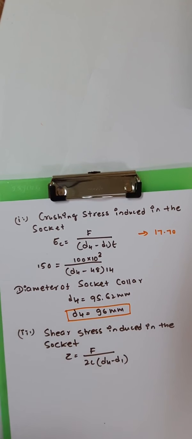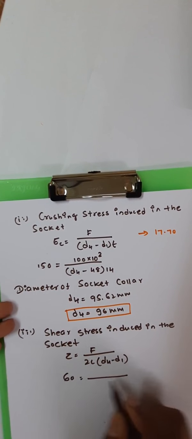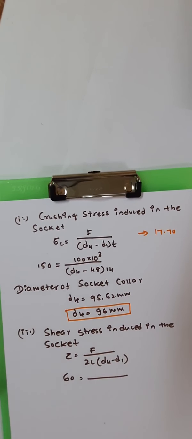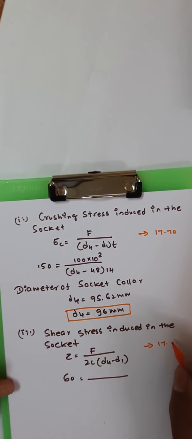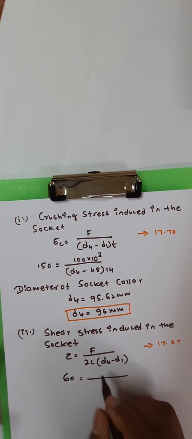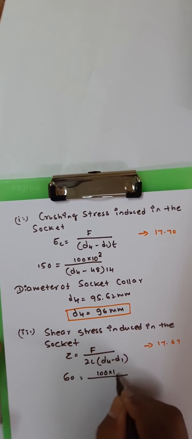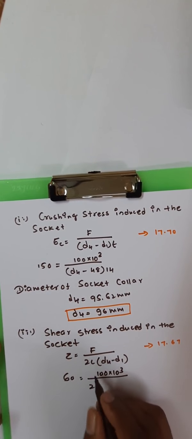We know the value of tau, which is 60, and this equation is available in the design data handbook, equation number 17.67. We know the value of F, 100 into 10 to the power 3 Newton. We don't know the value of c.